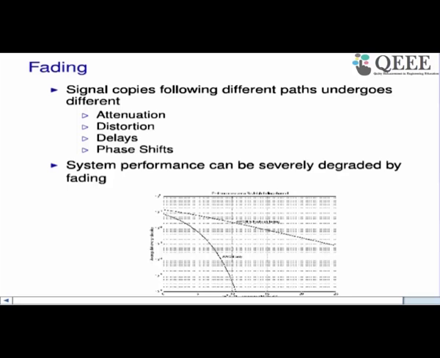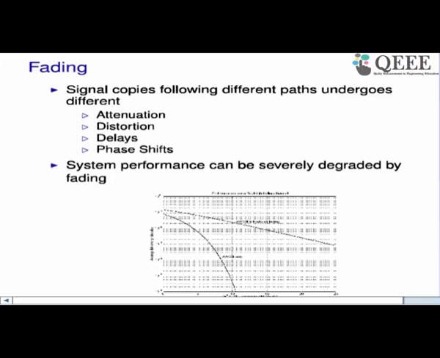The other curve that is going down linearly is the effect of fading. This is a Rayleigh fading channel, and you see that even at 25 dB you are just around 10 power minus 3 probability of error. It's a huge loss.